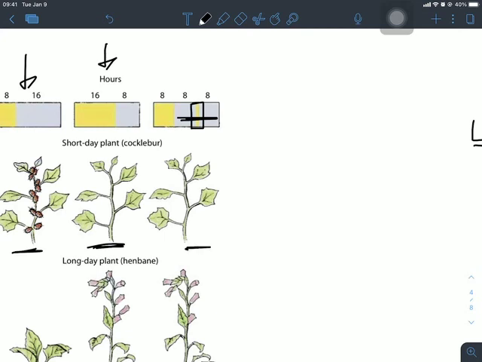Some short day plants like cocklebur will not flower, despite the fact that they're getting 16 hours of night. They're getting an interruption. This is why it can be very important for you to not turn on the lights in the greenhouse during certain times when we're trying to get different plants to flower.